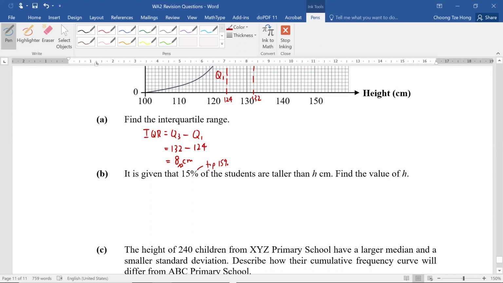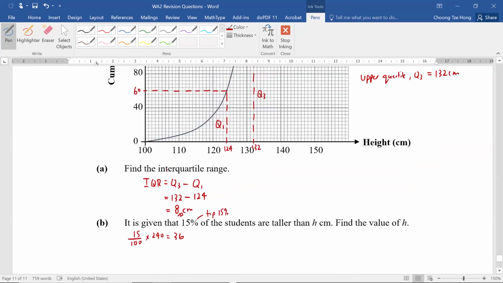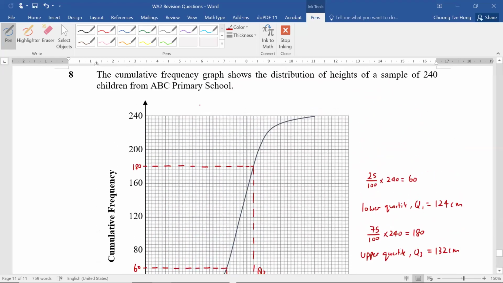The top 15% of 240 students would be 36 students. If you do the calculation, 15 over 100 times 240 will give you 36. So essentially, we are looking at the top 36 students. We'll start looking from the top, and then we will minus 36 students.